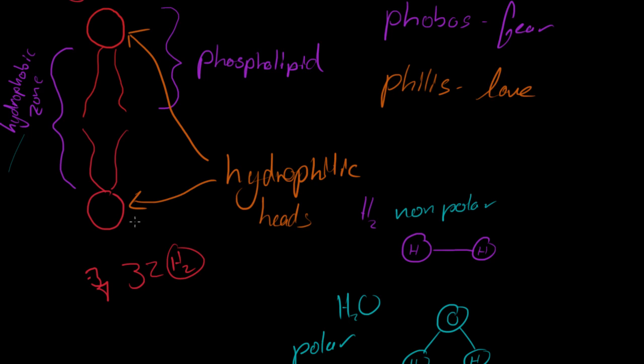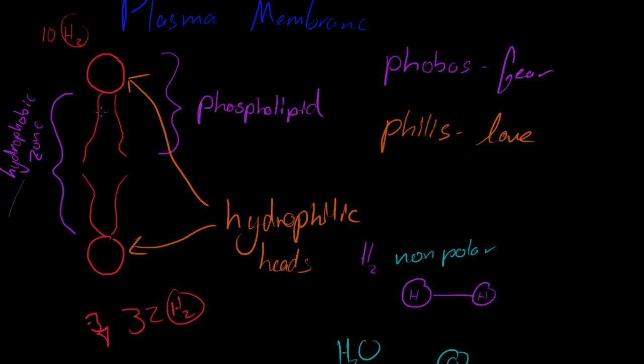Because there's more on this side than there is on this side, and because these can pass freely through this membrane while something else cannot, it's called semi-permeable. These 32 will diffuse across the membrane to the other side until there's about equal on each side.